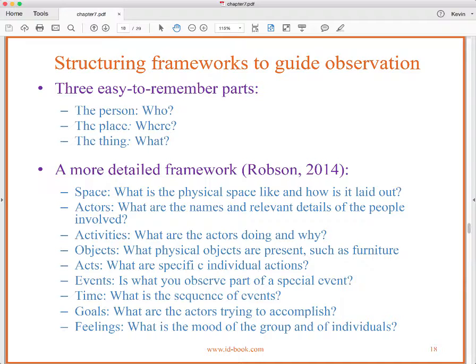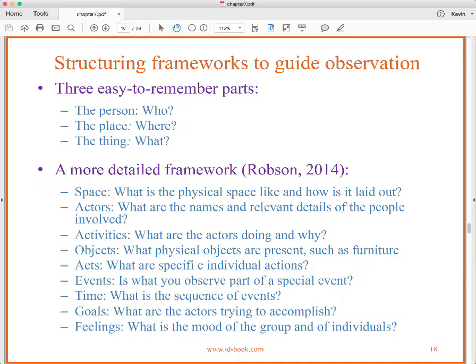So the first one is pretty simple to remember. We're interested in the person who's doing whatever they're doing. We're interested in the place: where are they doing it? And we're interested in the thing: what are they doing?